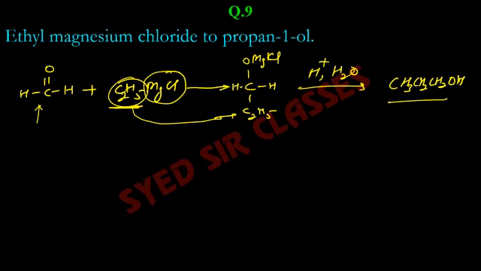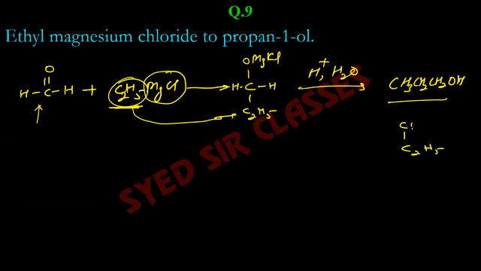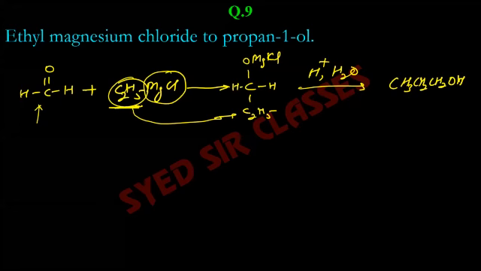MgCl gets converted to OH, and you get C2H5CH2OH, that is propanol. Clear?